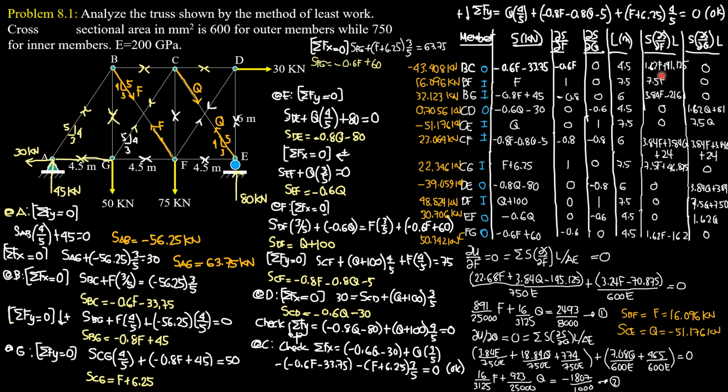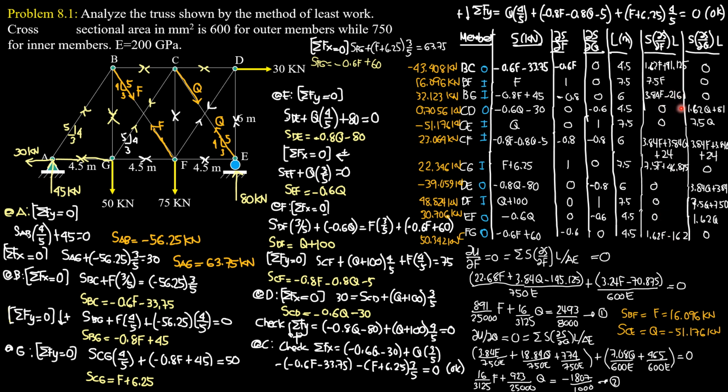So for Q, for inner members, this is the only inner member with Q, 3.84Q. So that's why we have 3.84Q over 750E. For the constant inner, we have negative 216 plus 24, then plus 46.875, no more.